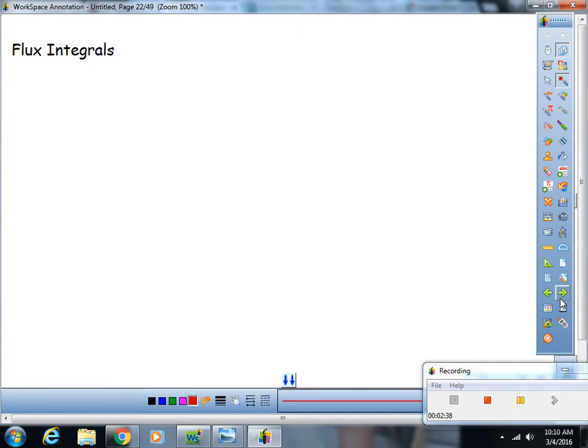All right, so now we're going to get into our equation for a flux integral. In general, we will write the flux integral of a surface as the sum of the force of the fluid, so that is the velocity that the fluid is traveling through a region.